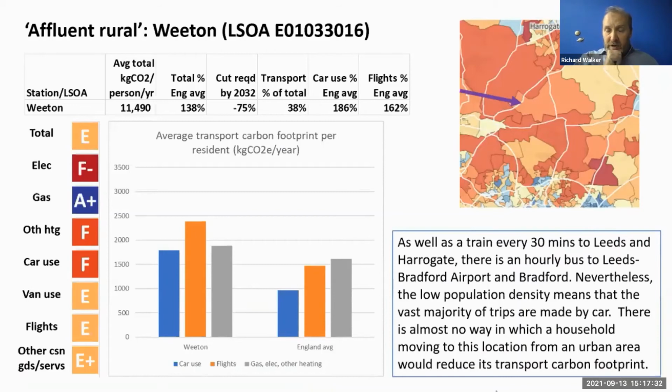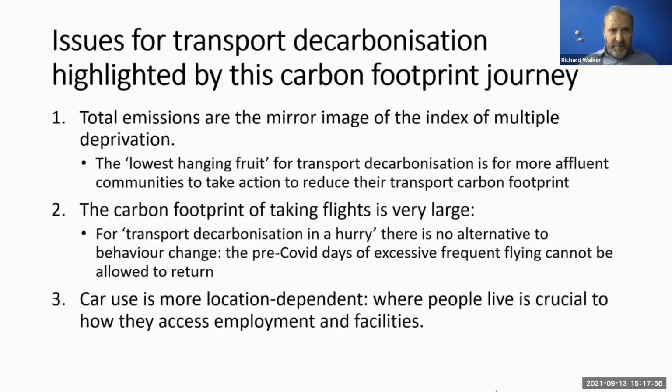Again, we might say that this area has no choice, but as well as a train every 30 minutes to Leeds and Harrogate, there is an hourly bus to Bradford, so there are opportunities to reduce your car use. But it has to be said that it's more difficult in an area like this to reduce car use than in the other areas we've seen so far.